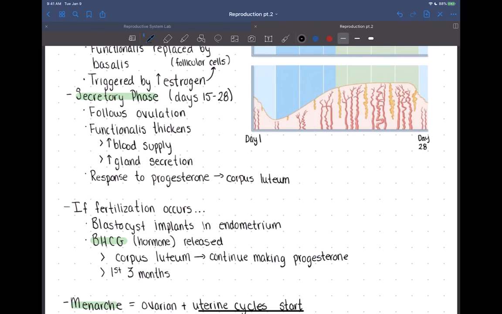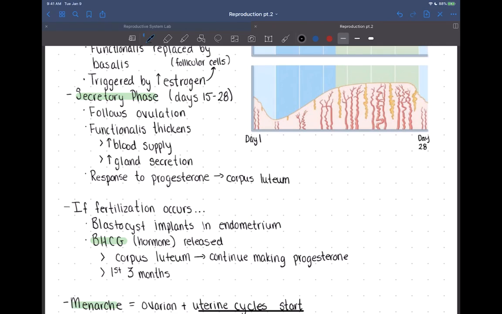It helps to enrich that uterine lining in preparation for a possible embryo, so it enriches it with blood and secretions. And then if the egg is fertilized, we'll maintain that uterine lining by continuing to produce progesterone.